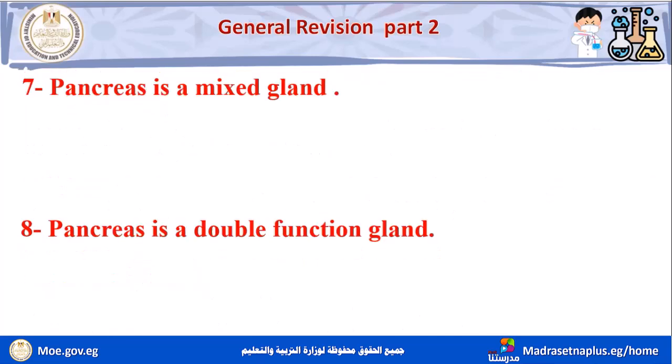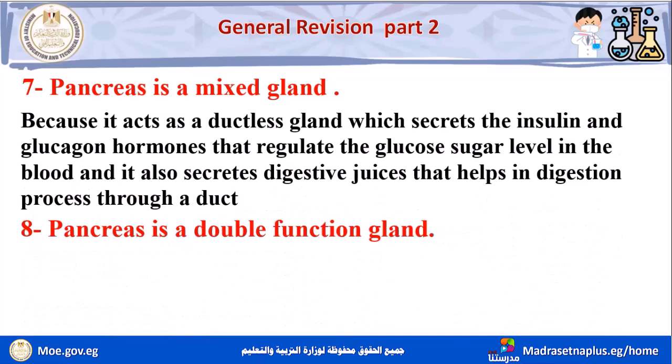Question number 7: the pancreas is a mixed gland because it acts as a ductless gland which secretes the insulin and glucagon hormones that regulate the glucose sugar level in the blood, and it also secretes digestive juices that help in the digestion process in adults.